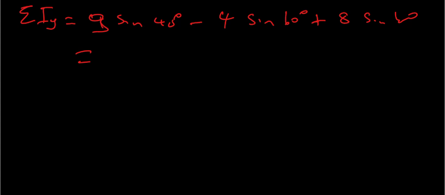So we're going to punch this on the calculator. So this is 3 sine of 45 degrees, and then minus 4 sine 60 degrees, and then plus 8 sine of, is it 30 or, oh, remember, this is 30 degrees, so no, sorry, it's 30 degrees for this one.